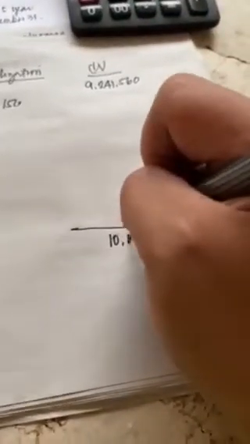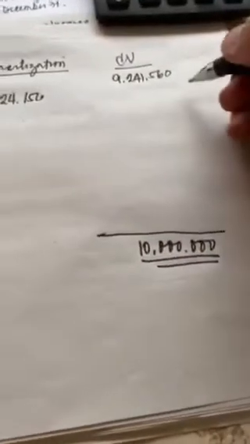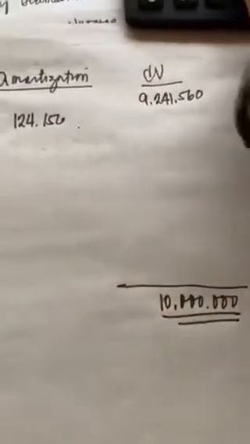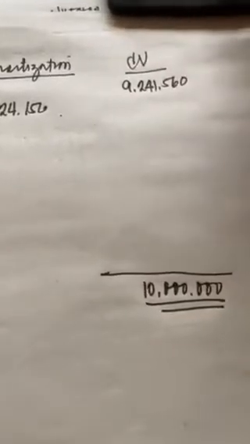Now remember, in this amortization, the objective is for us to bring the carrying value of the bond equal to the maturity value of the bond, which is 10 million. So the objective is to increase the value of the bond to 10 million pesos. Whatever amortization we have here will be added to the carrying value of the bond. So that's 9,241,560 plus 124,156.